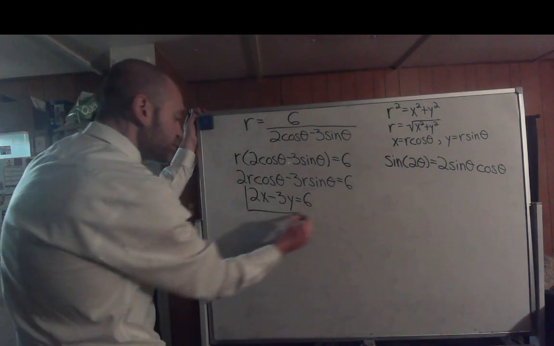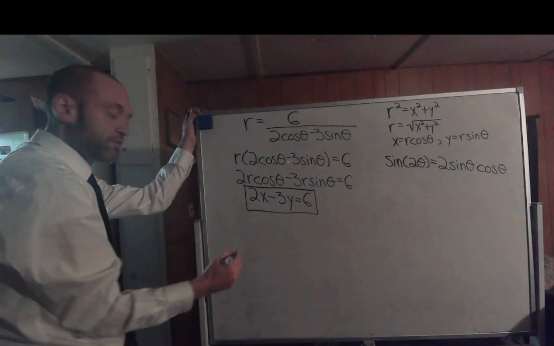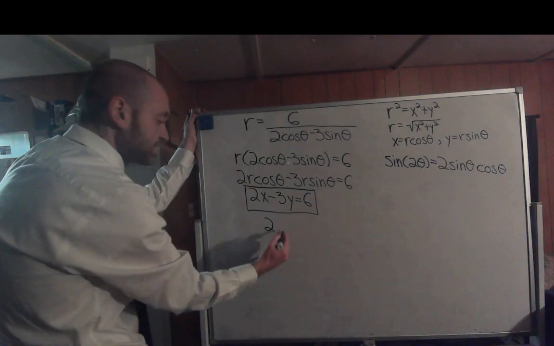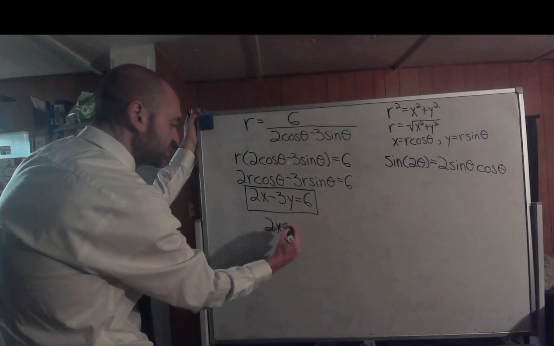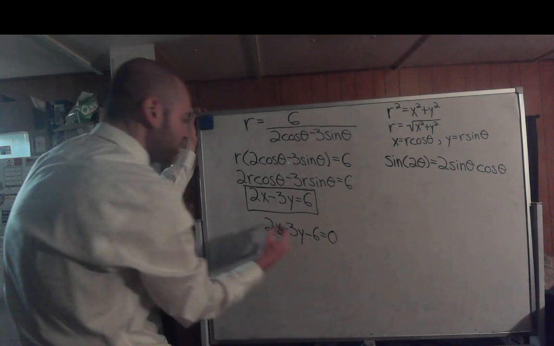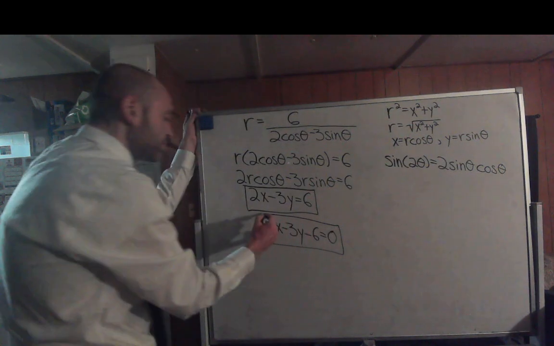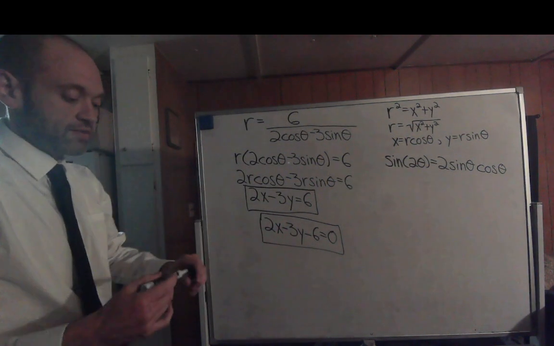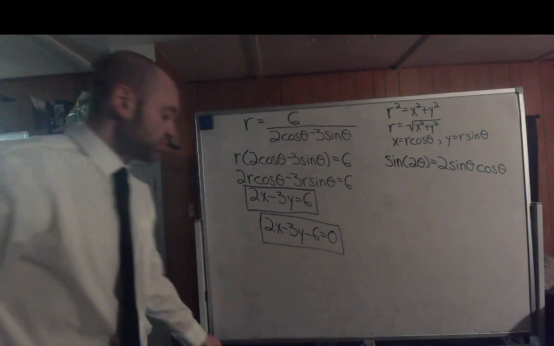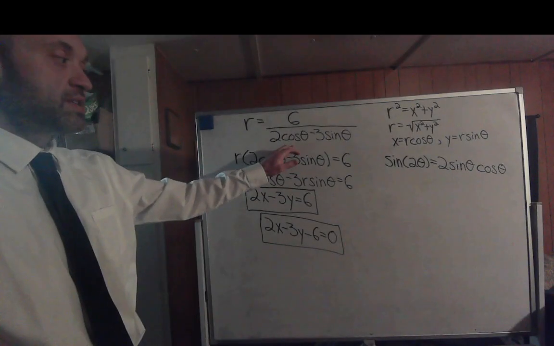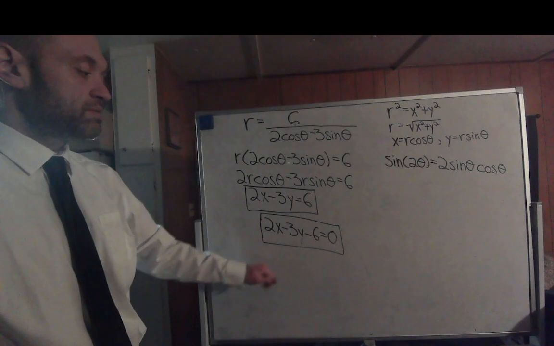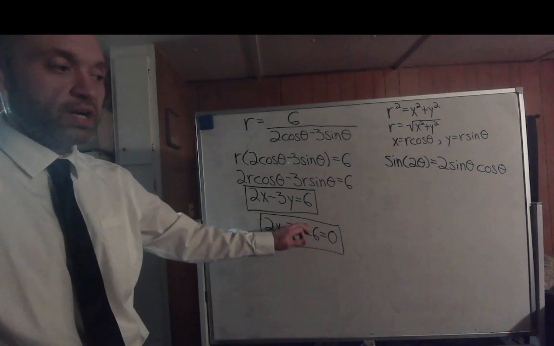So you could write your answer like this in standard form, or another way it's considered standard form is if you make the right-hand side equal to 0, it would be the same thing as 2x minus 3y minus 6 equals 0. Either of these two answers would be correct for the general standard form of the equation of a line. So if you see two trig functions in the denominator, that means you're going to have some other constant for the equation of your line.